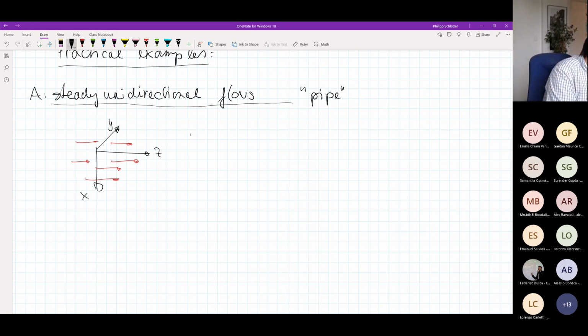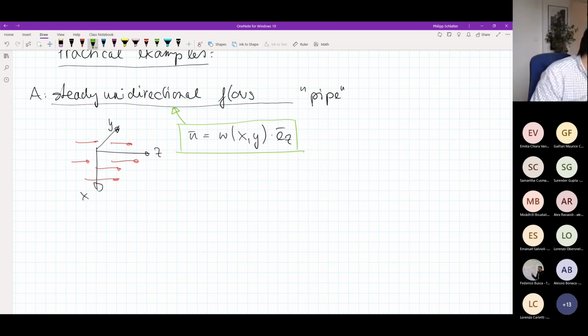So that means my velocity vector could be written as some scalar variable, which is a function of x and y, times the unit vector in the z direction. So this here is what I would call a unidirectional flow. And since I'm not writing a time dependence here, I would also call it a steady flow.